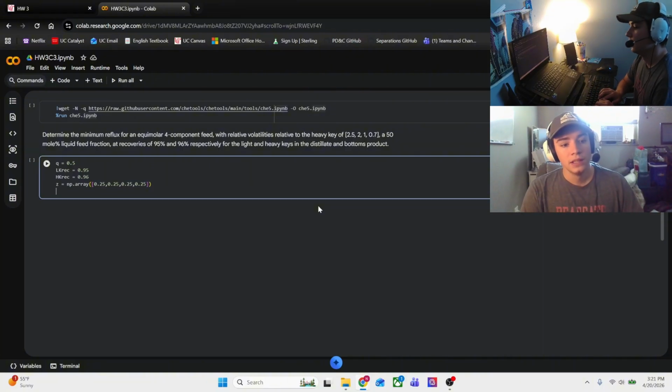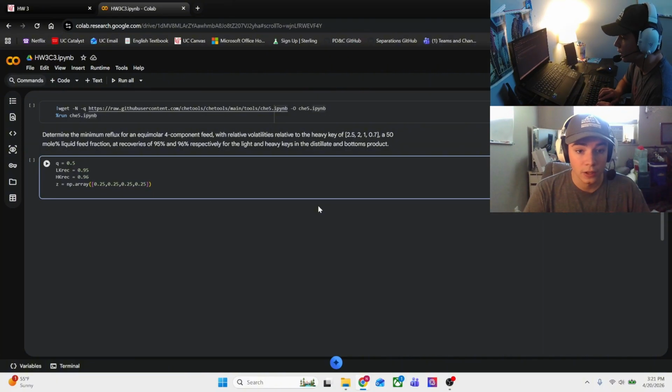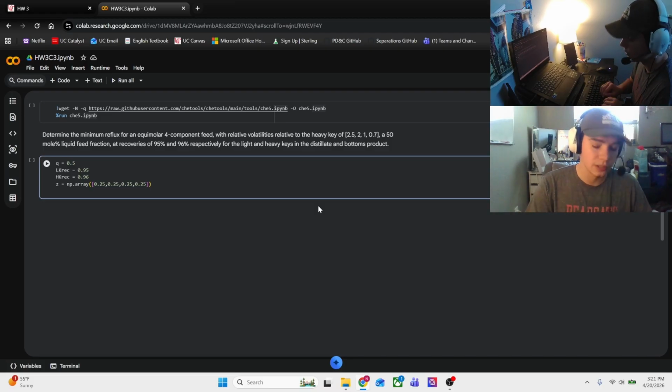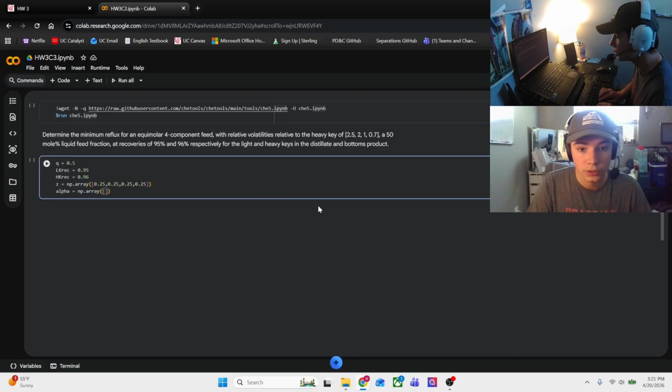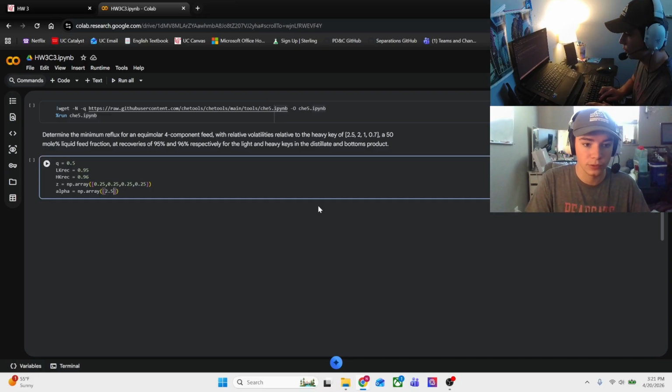Fantastic. And then we are going to put in our relative volatilities also into an array. So we're going to say that our alpha is going to equal np.array going from heaviest, 2.5, 2, 1, 0.7.